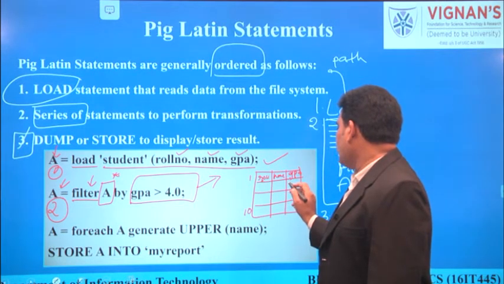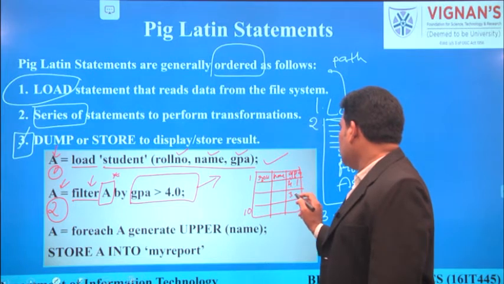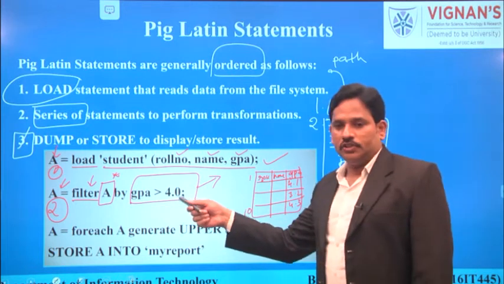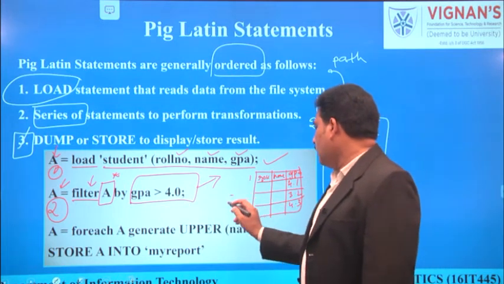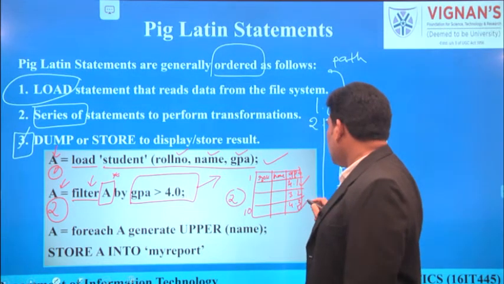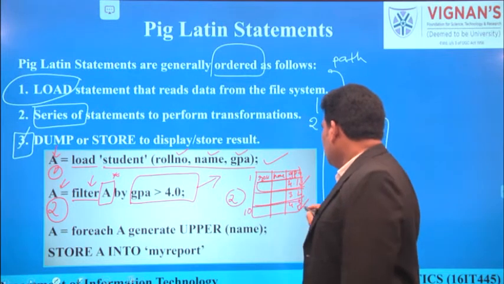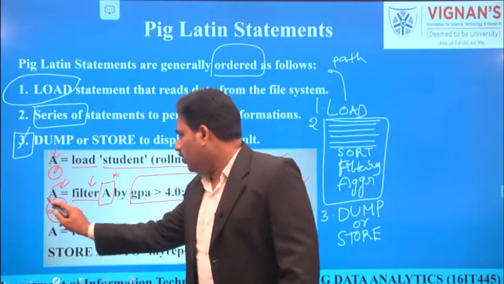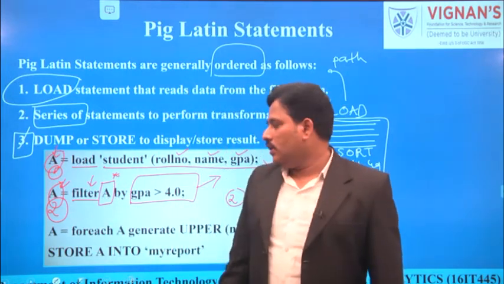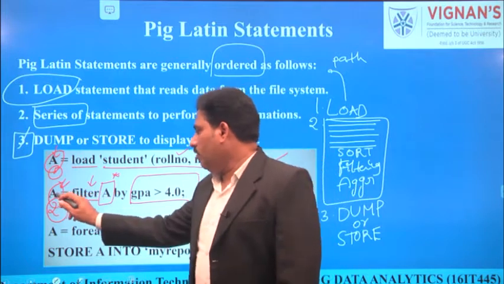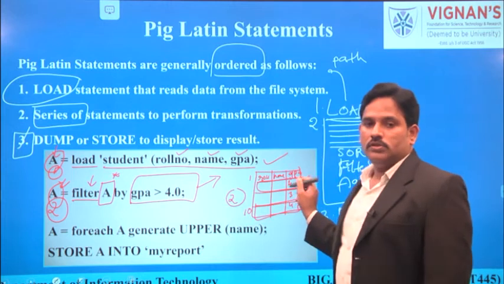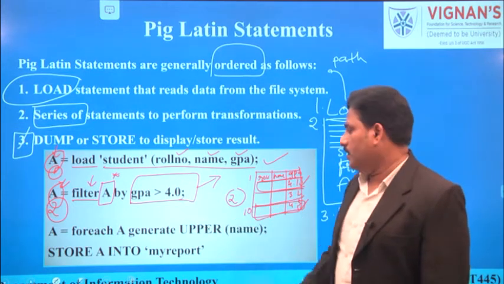Here the GPA of the student is some 4.1, here it is 3.2, like 4.3, like this we are having. But based on the condition, let us assume only 2 records are there whose GPA value is greater than 4.0, that is record number 1 and record number 10. These 2 records only are moved into A. Initially A is having 10 records. Now after applying the condition, the data in A is going to be replaced with these 2 records based on the condition we applied here.